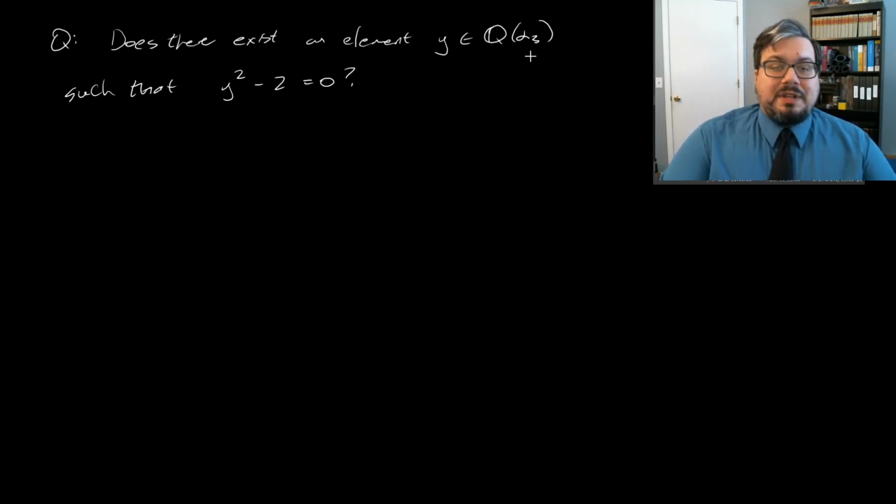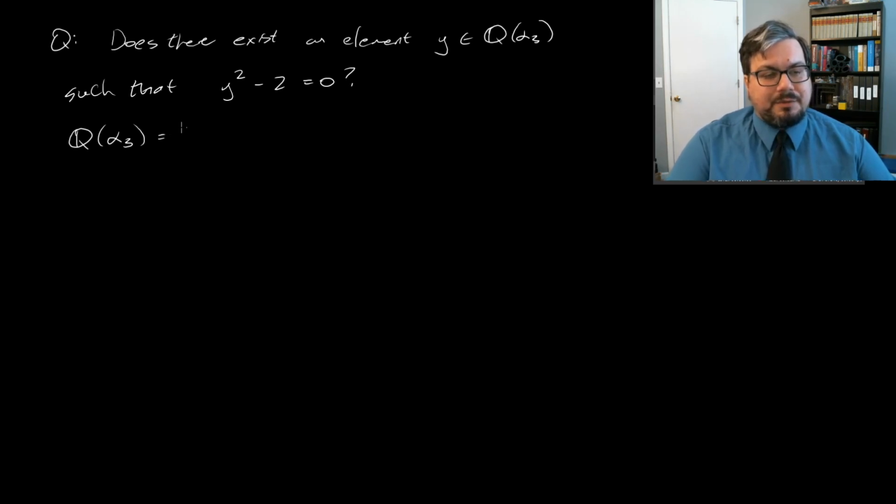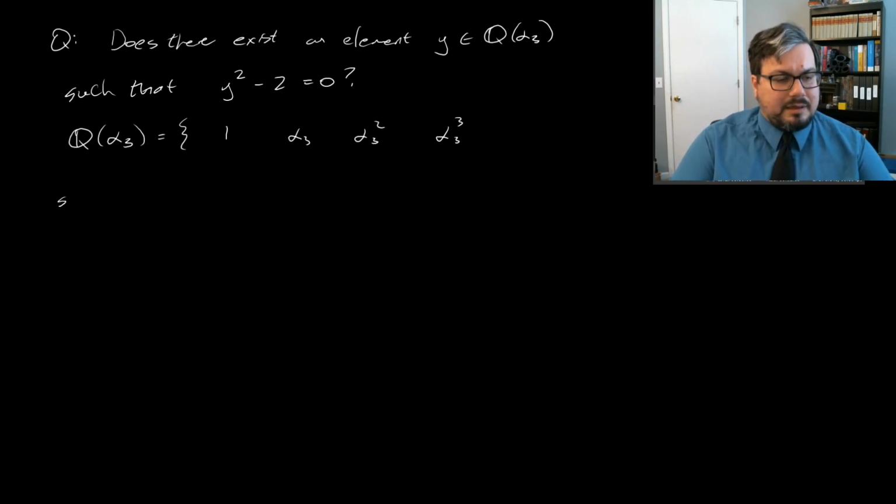Now, to check that out, we need to know what the elements of Q(alpha 3) look like. But we have that. Q(alpha 3) has a basis made up of 1, alpha 3, alpha 3 squared, and alpha 3 cubed, because the degree of Q(alpha 3) over Q is equal to 4.